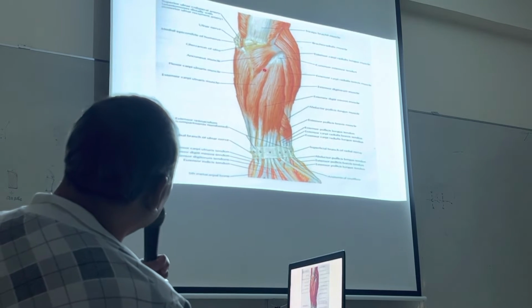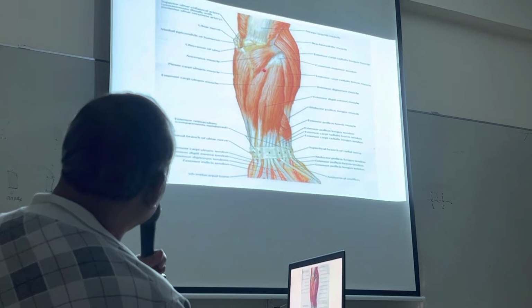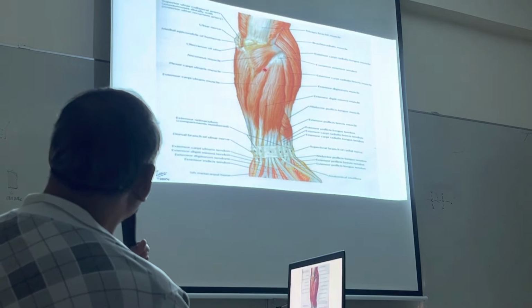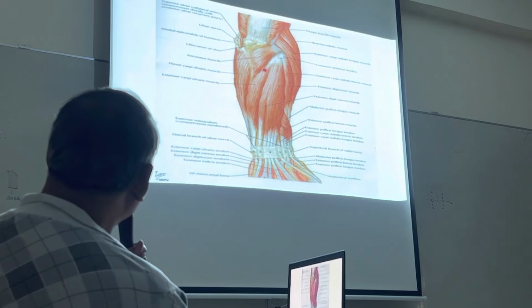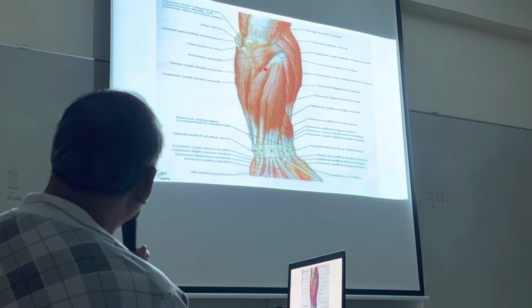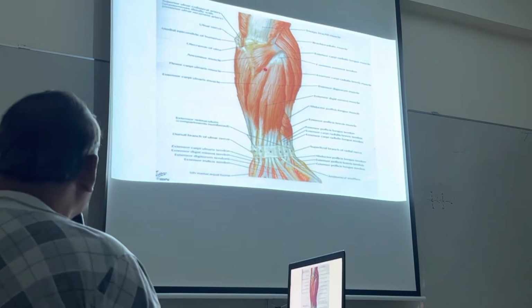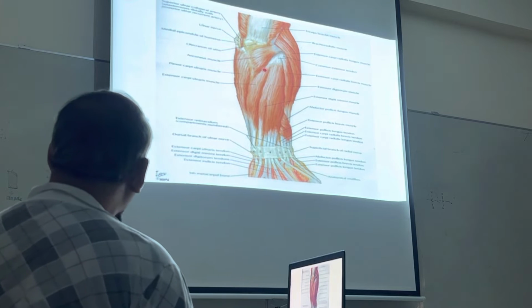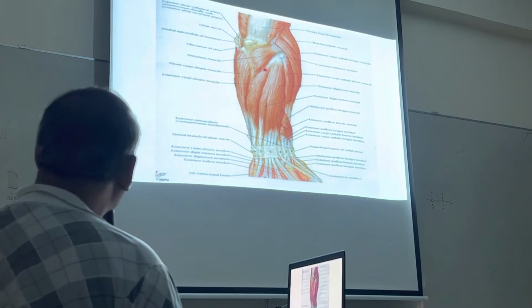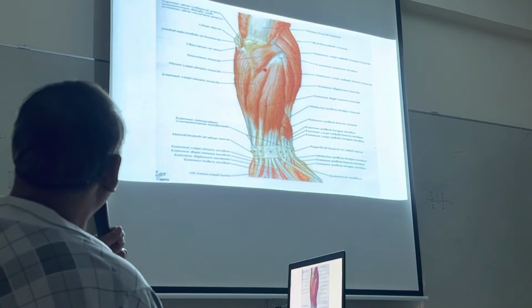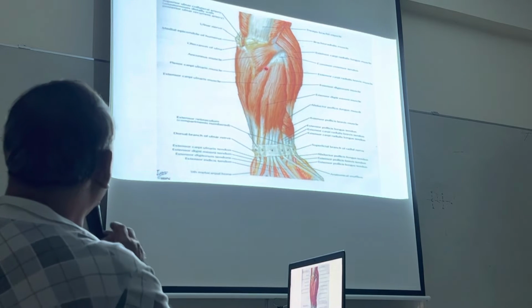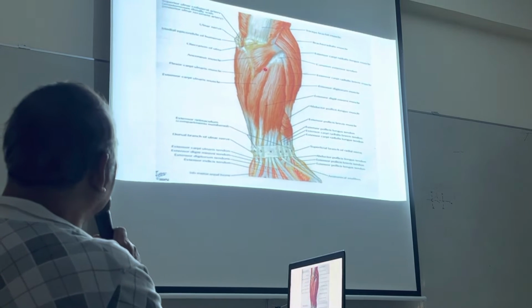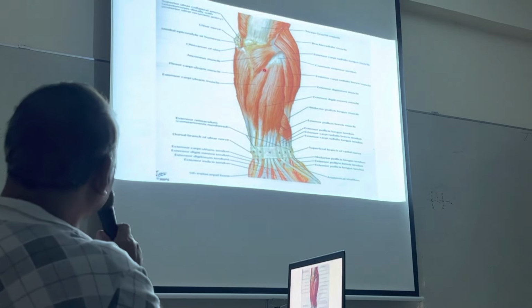Extensor carpi ulnaris muscle. Is that a flexor? Flexor, extensor. Extensor. The flexor is in the anterior compartment. Okay? So disregard that one.